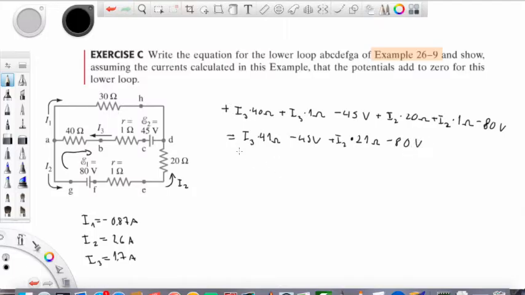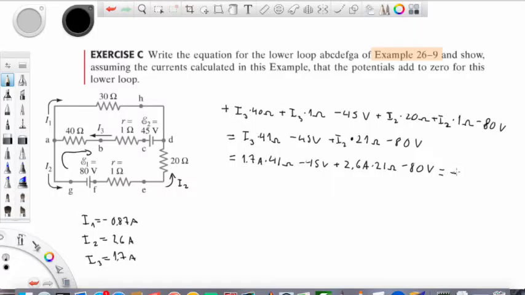If we plug in these values, this is 1.7 amps times 41 ohms, minus 45 volts, plus I2, which is 2.6 amps times 21, and then we subtract 80 volts.